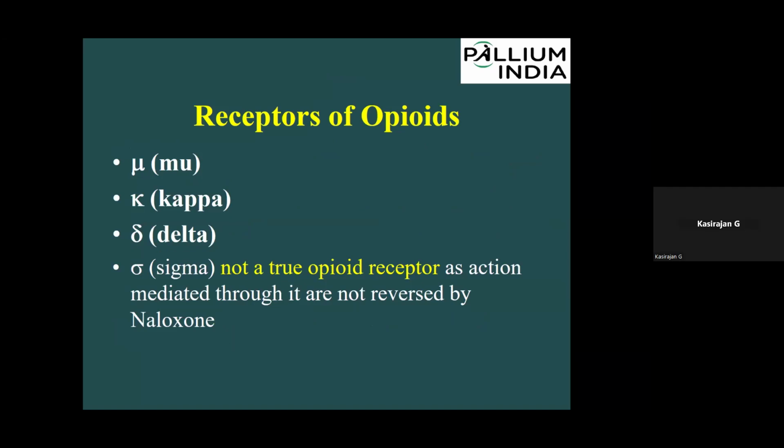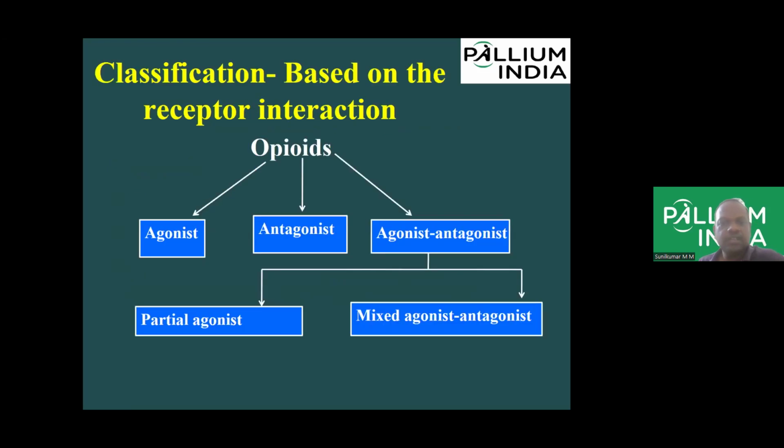They are present throughout the nervous system, but are more concentrated in the brain and spinal cord. And according to the action on the receptor, the opioids are divided into three: agonist, antagonist, and agonist-antagonist.